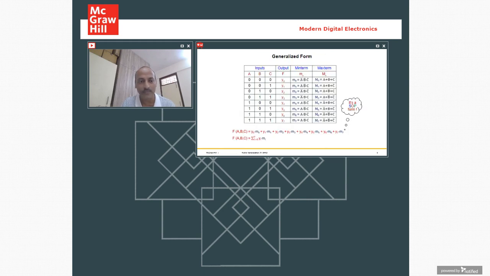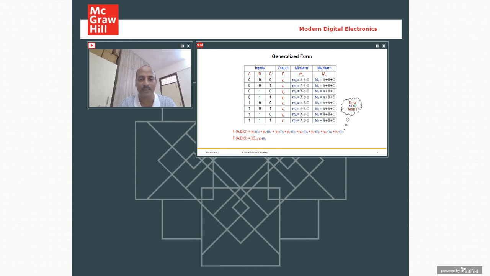In general, when I want to write a generalized format, as I have stated, there can be 2 to the power 2^n possible expressions. So we can write min terms and max terms for all the variables as shown in the table.